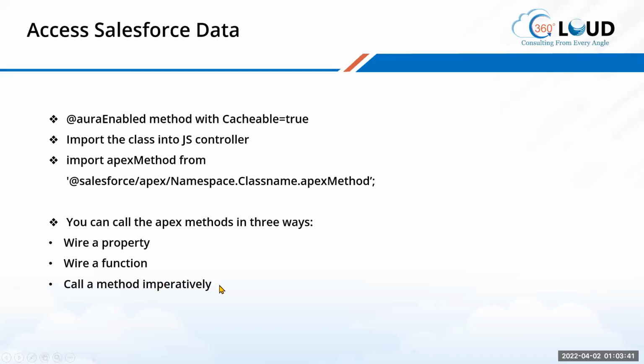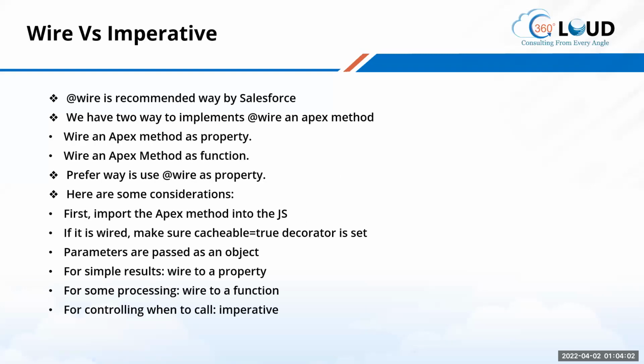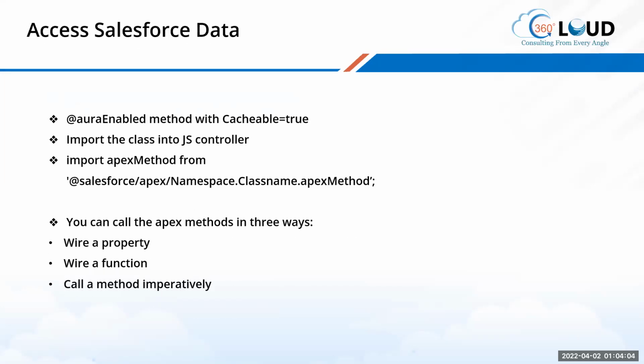So imperatively, let's suppose on click of a button you want to call Apex, right? Then you can use imperative methods. So I will tell you about this in the next session.